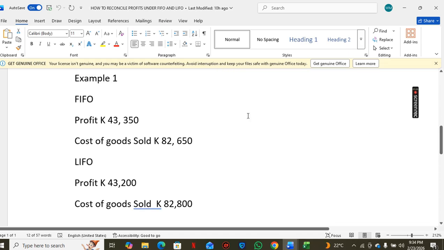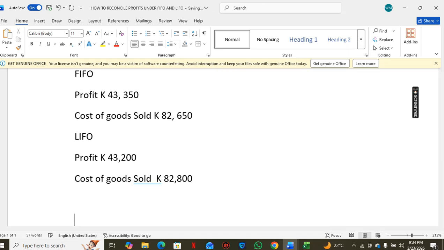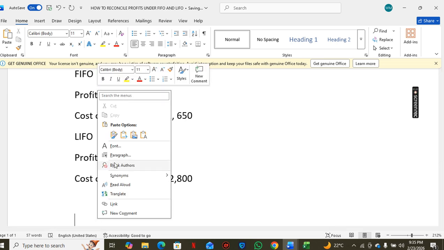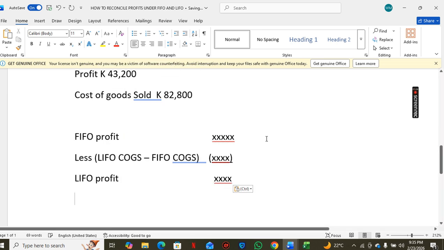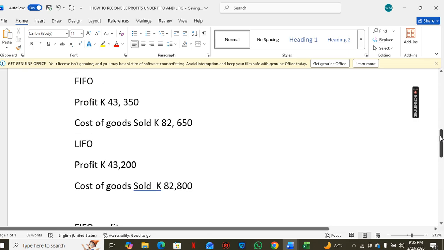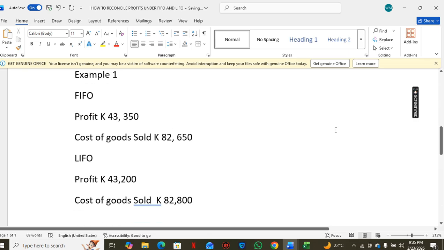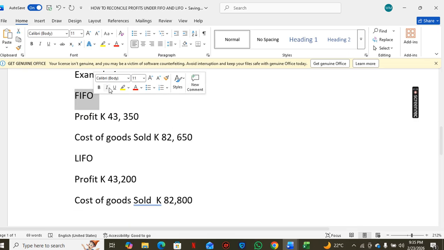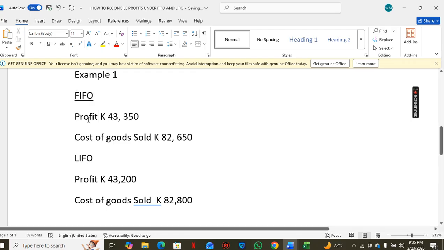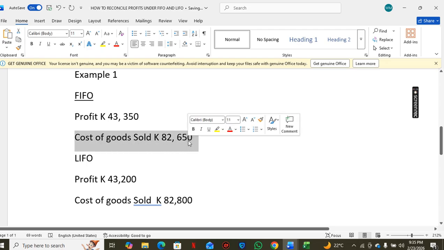So for this example, our information for FIFO: the profit is 43,350, the cost of goods sold 82,650.